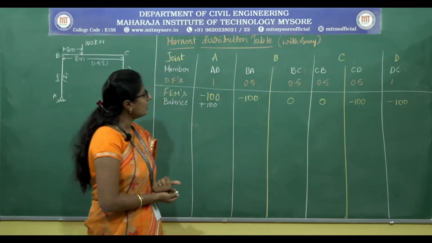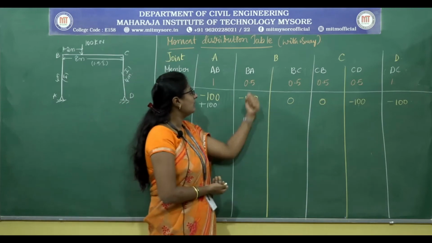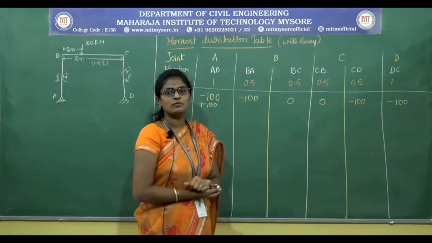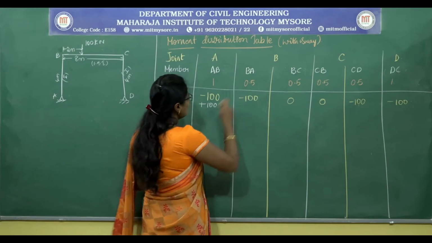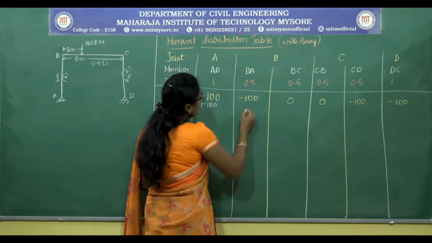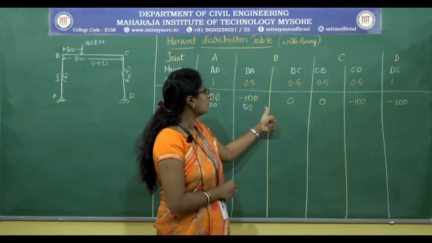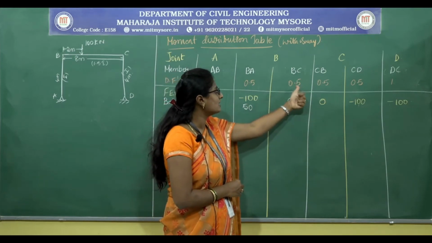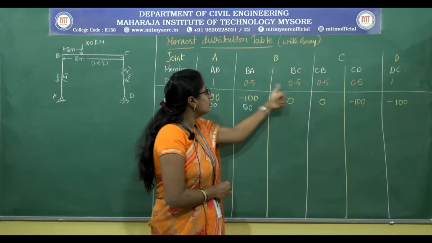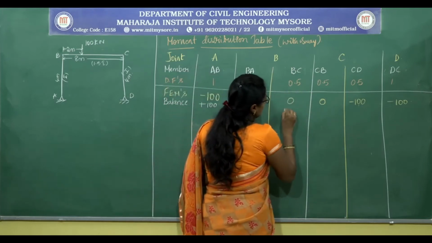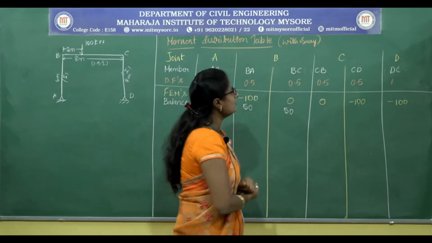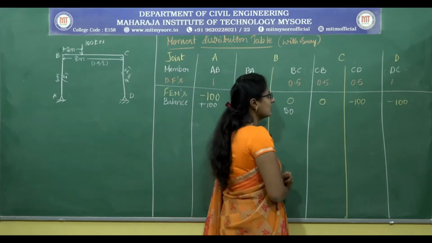So, for joint B, plus 100 multiplied by 0.5, the distribution factor, will give you the balanced moment for the member BA, which is plus 50, and again plus 100 multiplied by 0.5 is the balanced moment for the member BC. Then for CB and CD, minus 100 is the unbalanced moment.